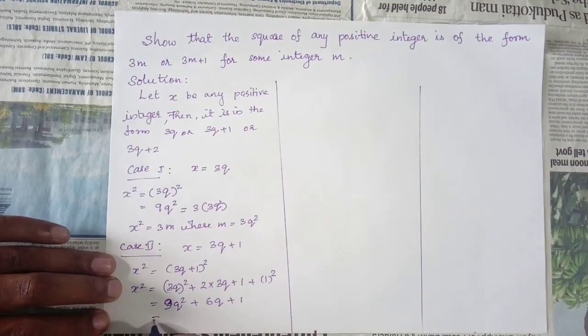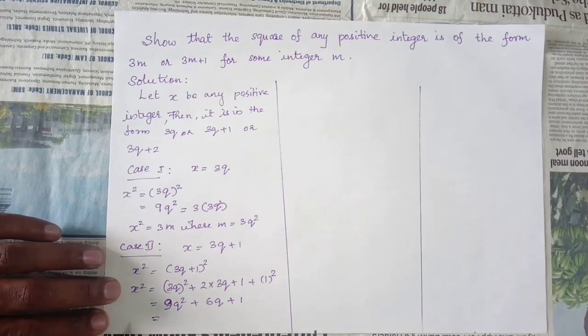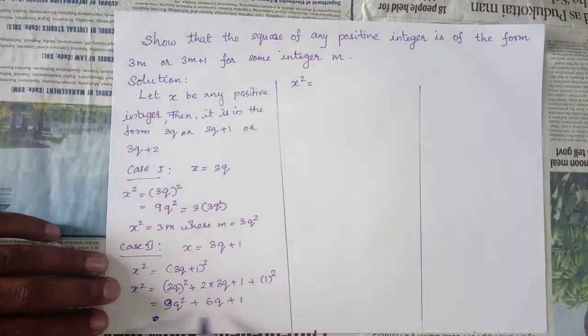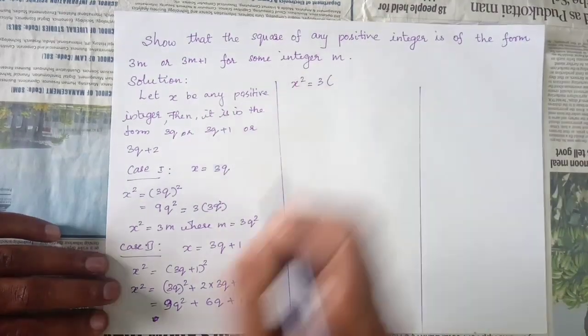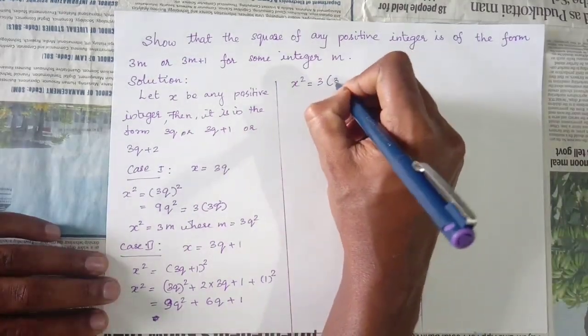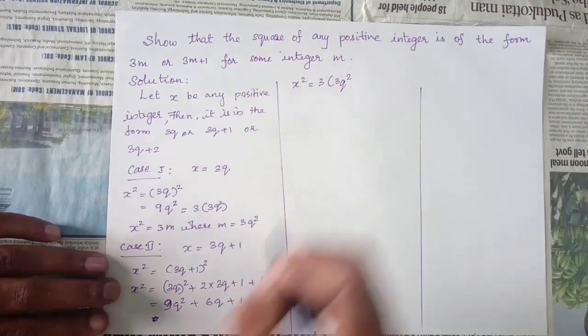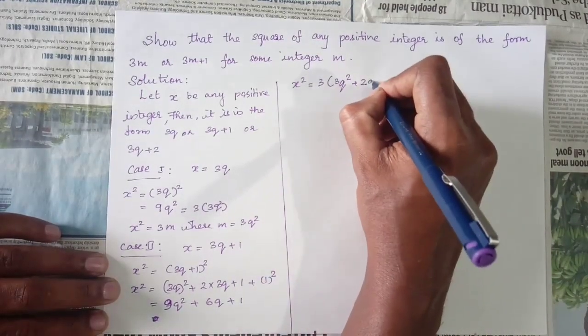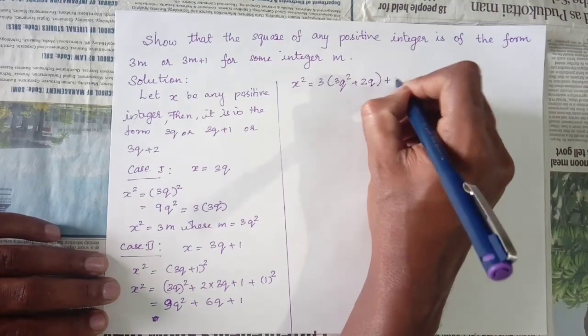From these two terms we can take 3 common outside. So x square is equal to 3 times, 3 threes are 9, so 3q square, and 2 threes are 6, so we take 2q inside, plus 1.